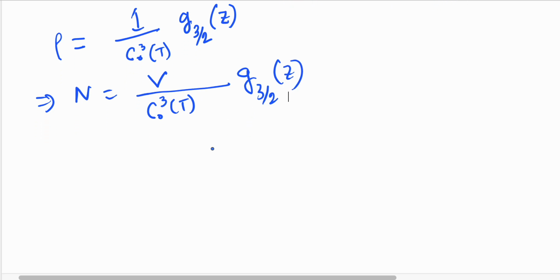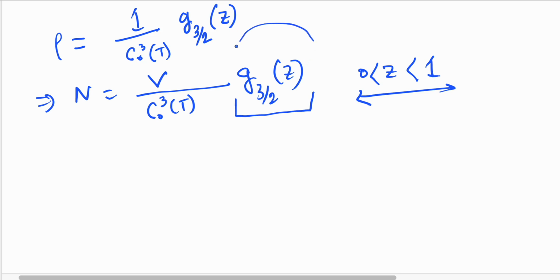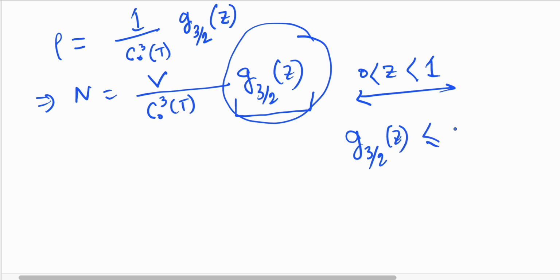One interesting thing is that in the range z between 0 and 1, this function g 3 by 2 of z is monotonically increasing, and it is always less than g 3 by 2 at the value z equal to 1.